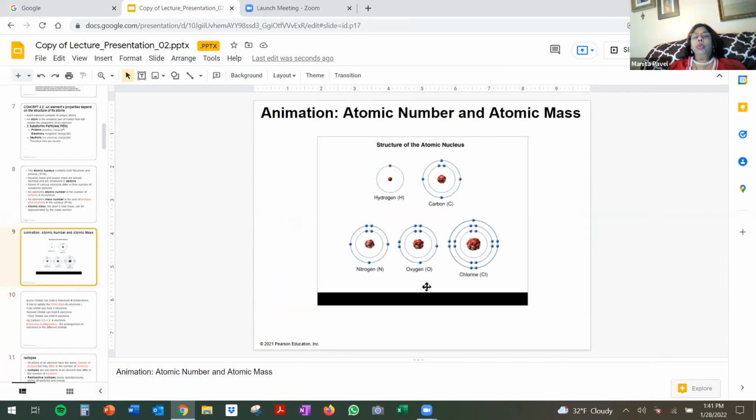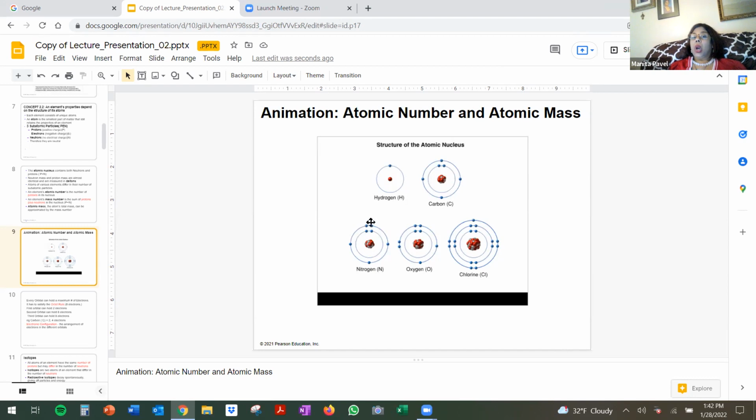Let's go to nitrogen. Once again, what's the atomic number for nitrogen? You have 2, 3, 4, 5, 6, 7. Carbon had 6, nitrogen has 7. Oxygen will have 8. The first orbital adjacent to the nucleus can hold a maximum of 2.